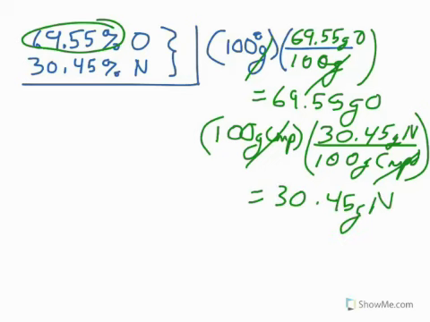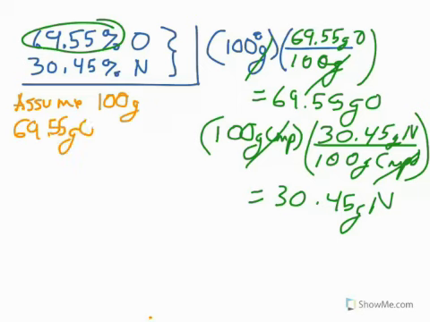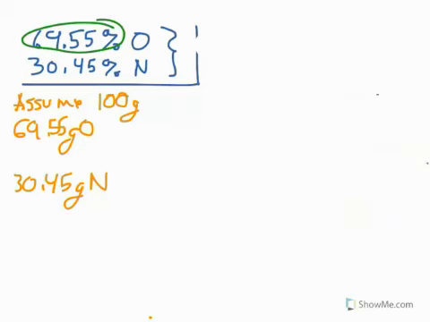What we've done then, if we assume 100 grams of compound, we know that we have exactly 69.55 grams of oxygen and 30.45 grams of nitrogen. Now I got to do some erasing. So you don't have to show that part of it. In fact, I erased it because it's not really necessary. You can get directly from here to here, but you do have to say that you assume 100 grams.